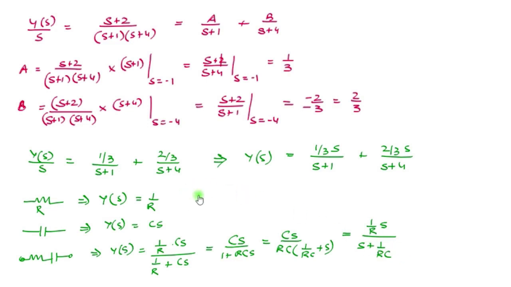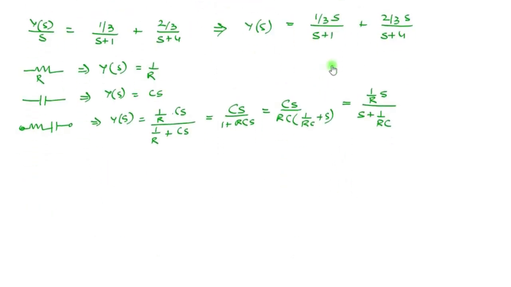Now I have all the possible network functions. Comparing these network functions, this is similar to this function and this also is similar to this function. So we will compare both these functions with these and try to get the values of R and C. Comparing this function with this, I will get 1/R1 equal to 1/3 and 1/(R1C1) equal to 1.